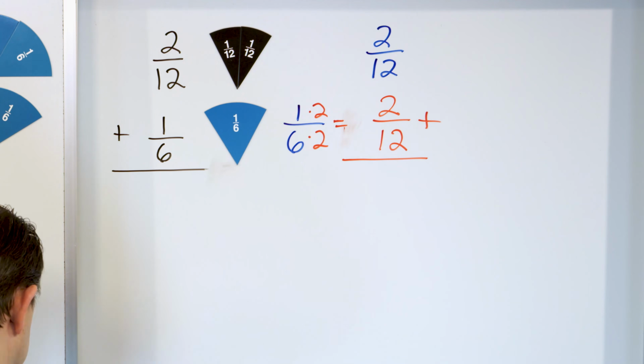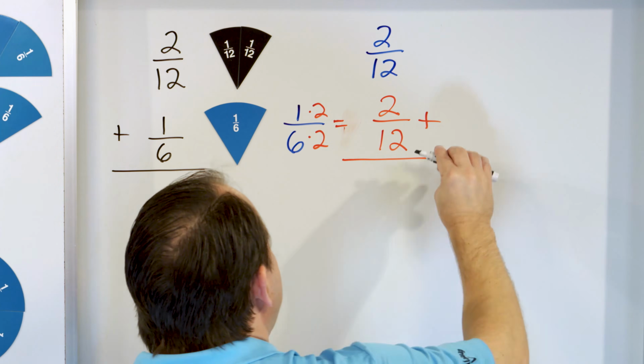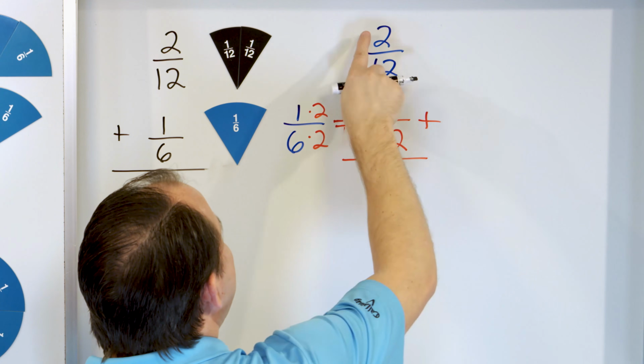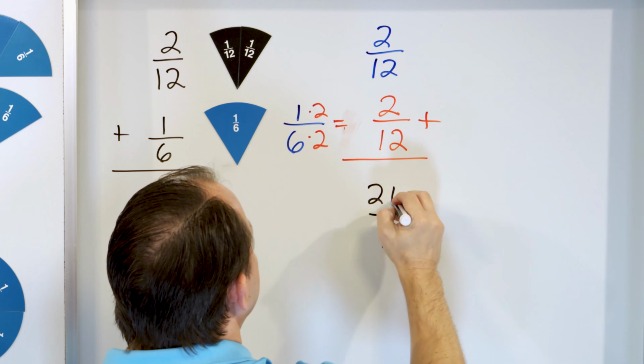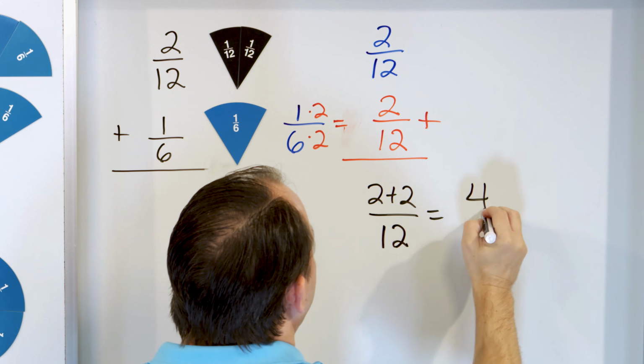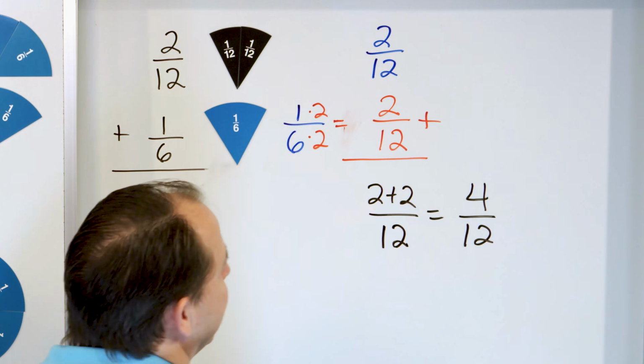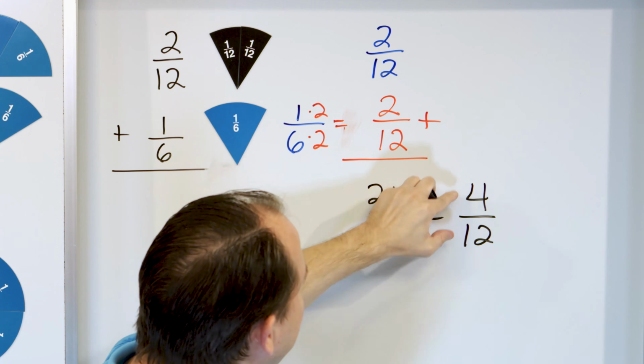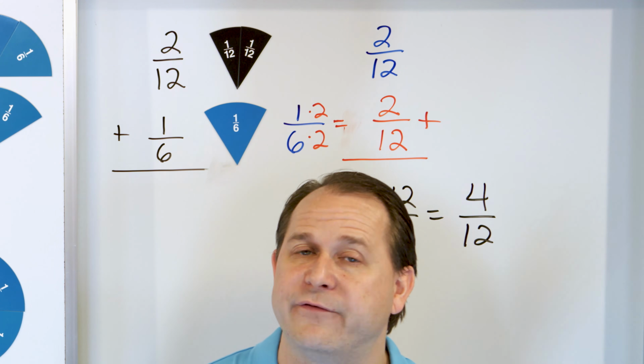We'll add these guys together. So now I have a 12 and a 12. 12 on the bottom. Add 2 plus 2. Add the numerators. What do I get? 4 out of 12. We think this is the correct answer, but we always ask, can we make it simpler? Of course, they're both even numbers. I can divide by 2. That's fine.